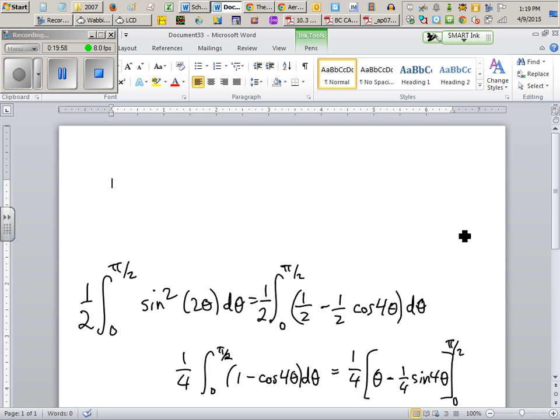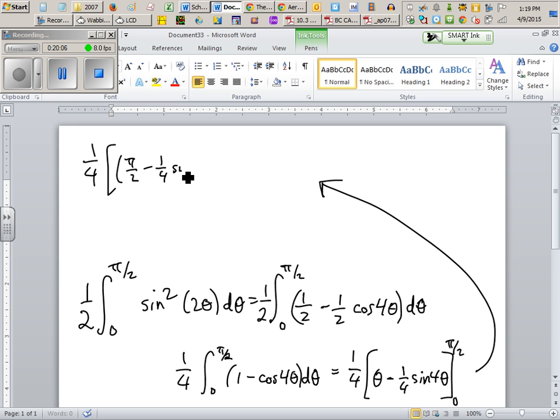Let me bring my work up here. You plug in pi over 2, and you get pi over 2 minus 1/4 sine 2 pi, but that's gone, minus 0 minus 0. So those are gone. The answer is just pi over 8.